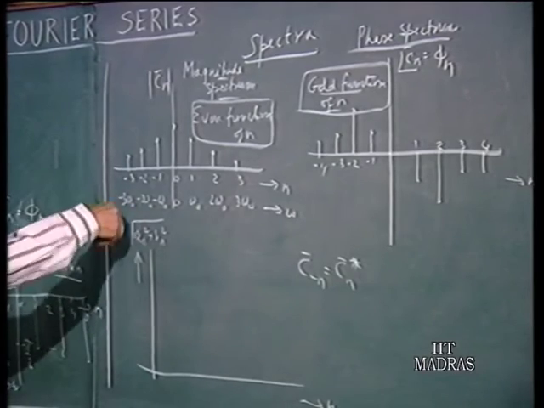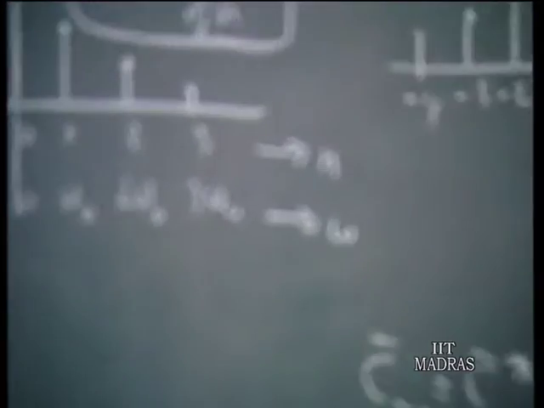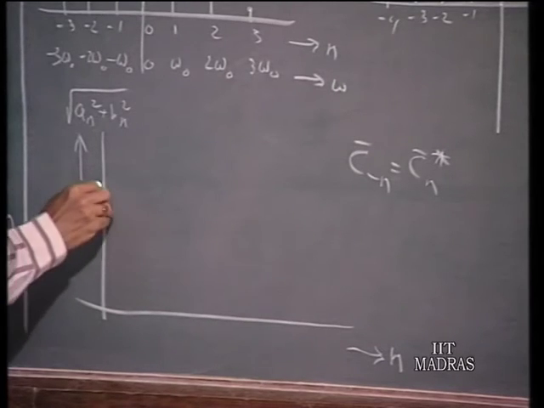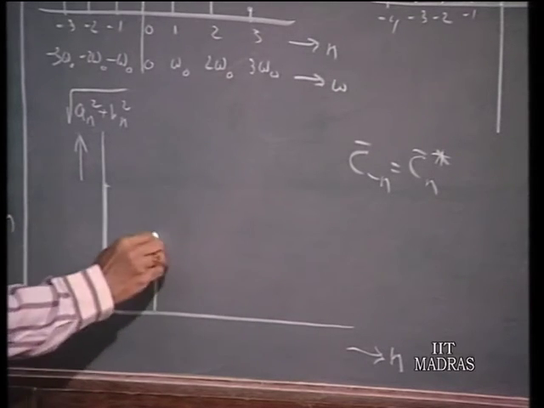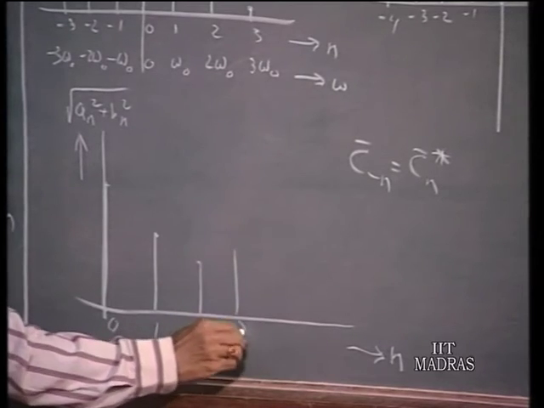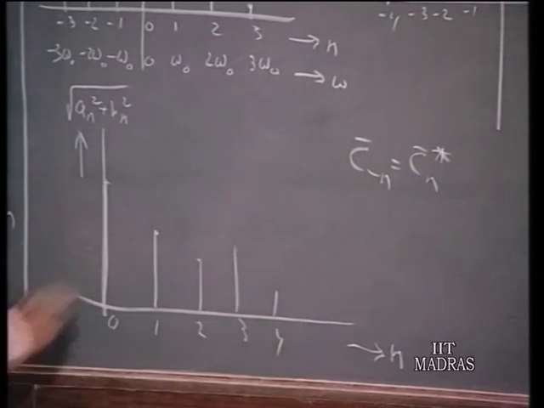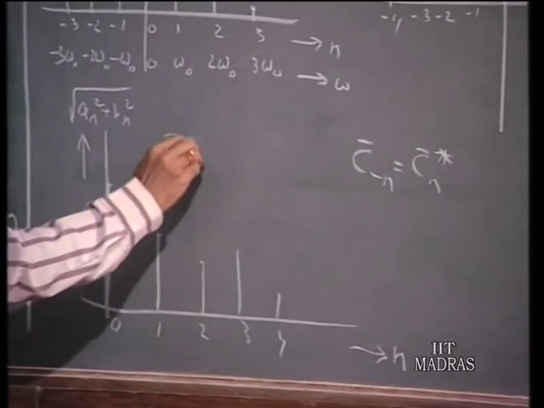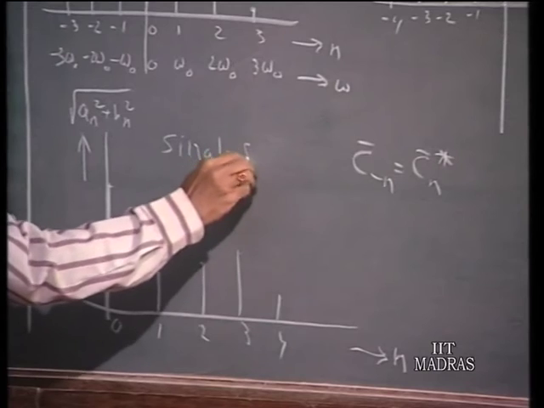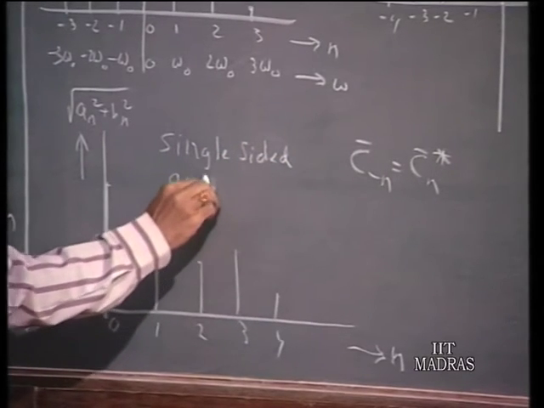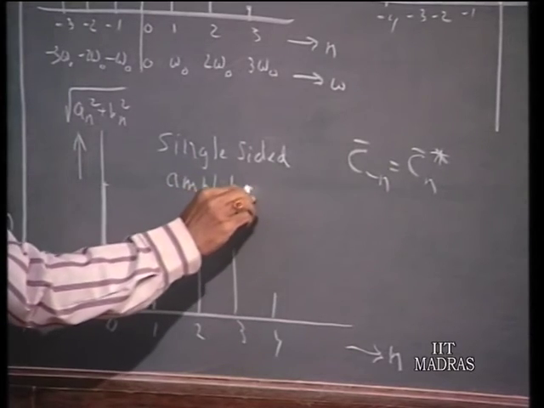And this is the coefficient of cos of n omega naught t plus phi n. So this can be plotted also for 0, 1, 2, 3, 4, etc. This is a single sided spectrum, sometimes called the amplitude spectrum.